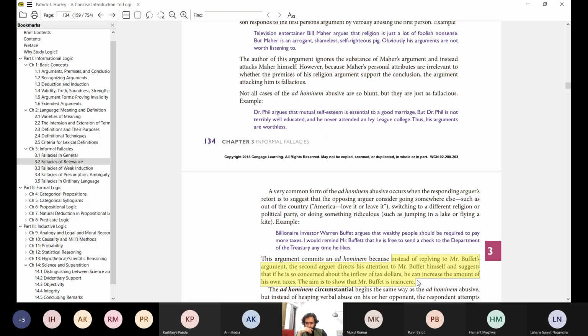And as Hurley points out, and this is very true in India as well, a common form of the ad hominem abusive occurs when the responding arguer's retort is to suggest that the opposing arguer consider going somewhere else, such as out of the country. America, love it or leave it.